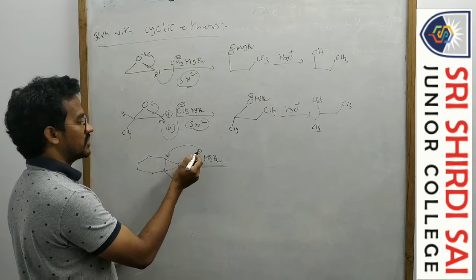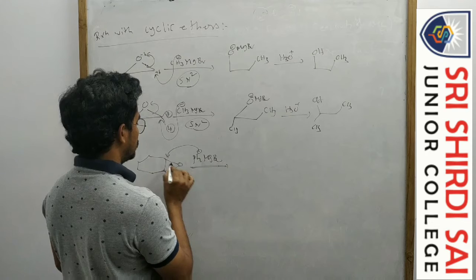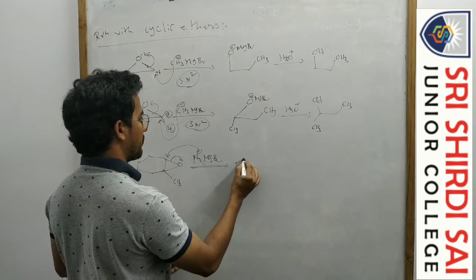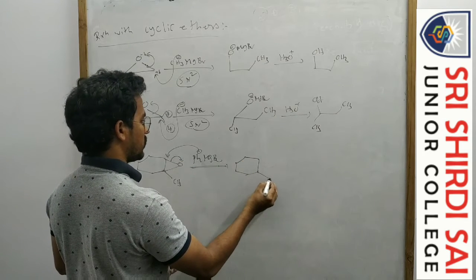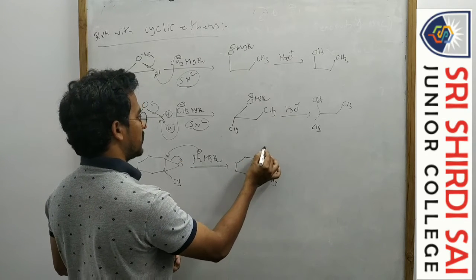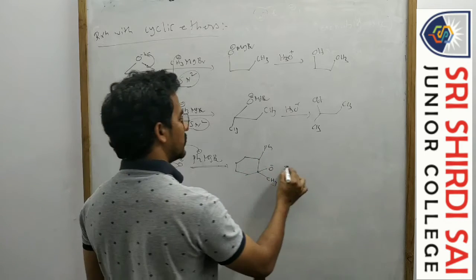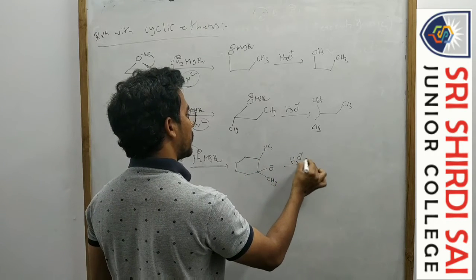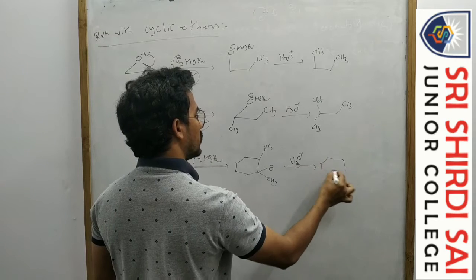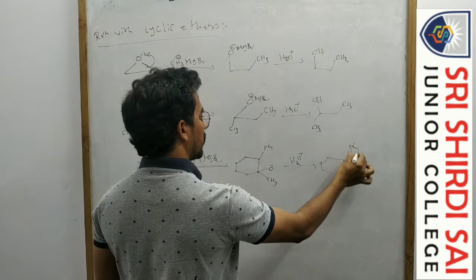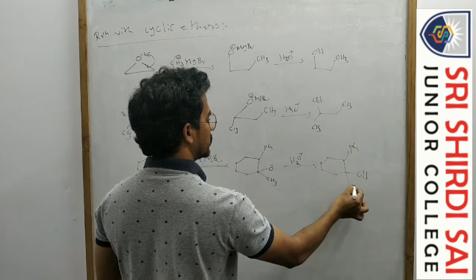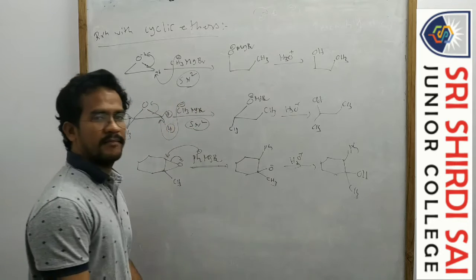So now we have the less substituted carbon favoured, so we are breaking this bond. Here CH3, here Ph, now O minus followed by hydrolysis, so that we can say OH and CH. That's it.